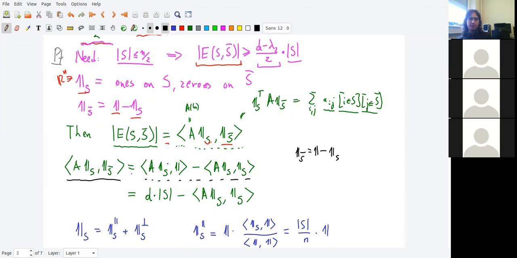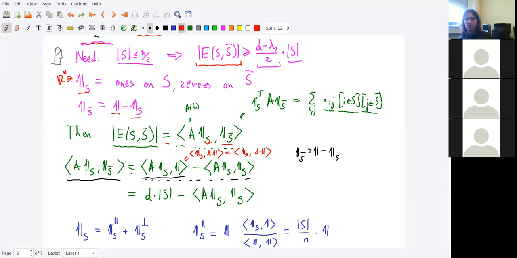So now, what is this animal? Here, A is a symmetric matrix, so I can move A to the other side, and A times 1 is simply D times 1, because the graph is regular.